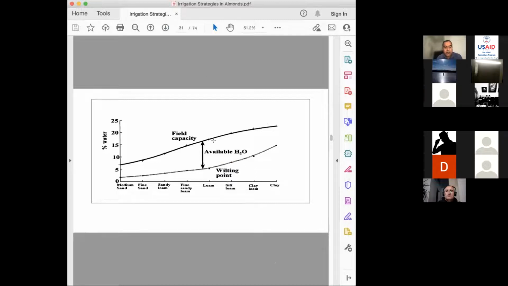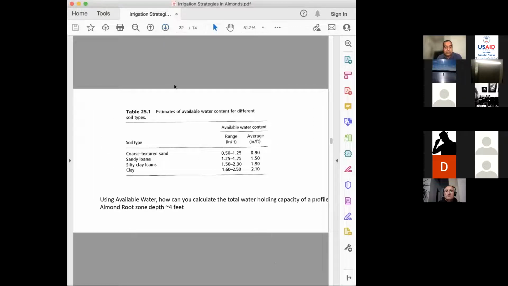Okay, so this idea helps you when you have your soil moisture monitoring sensors and you know how much water you have left in the soil profile before you can decide to turn the irrigation on. So this is again the soil available water content of different soil types.